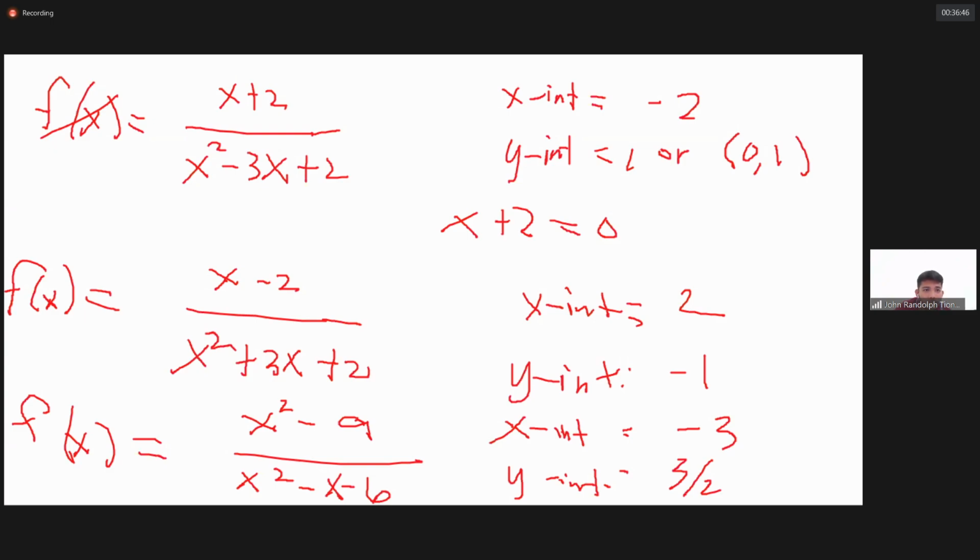Yan. Okay, so na-master nyo na agad yung topic natin ngayon. Right, so by next meeting, Sunday, I want you to study in advance how to find the asymptotes. Okay, study in advance dyan sa book nyo, how to find the asymptotes. And then try to answer, hindi mo na assignment, okay?